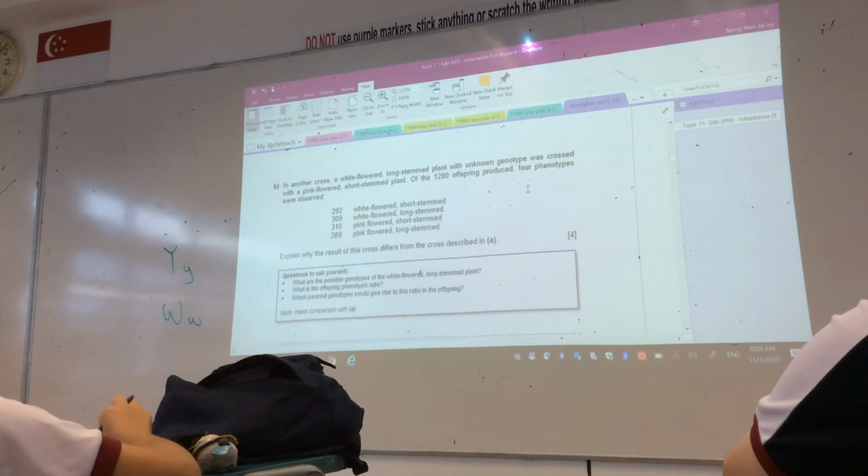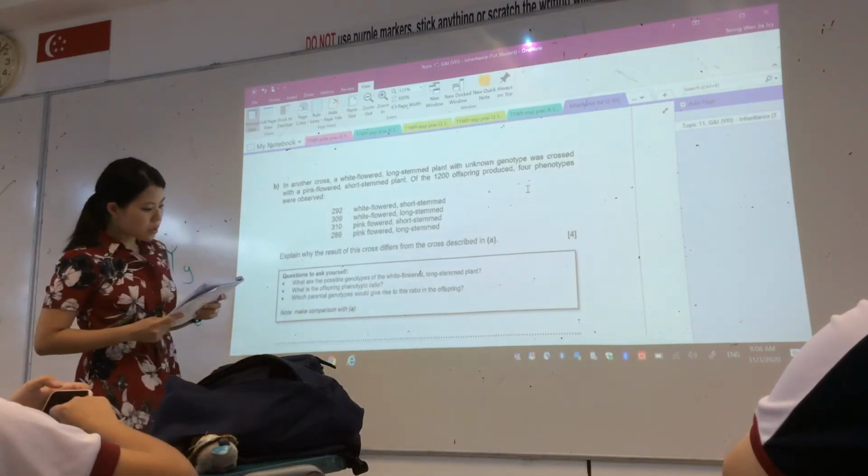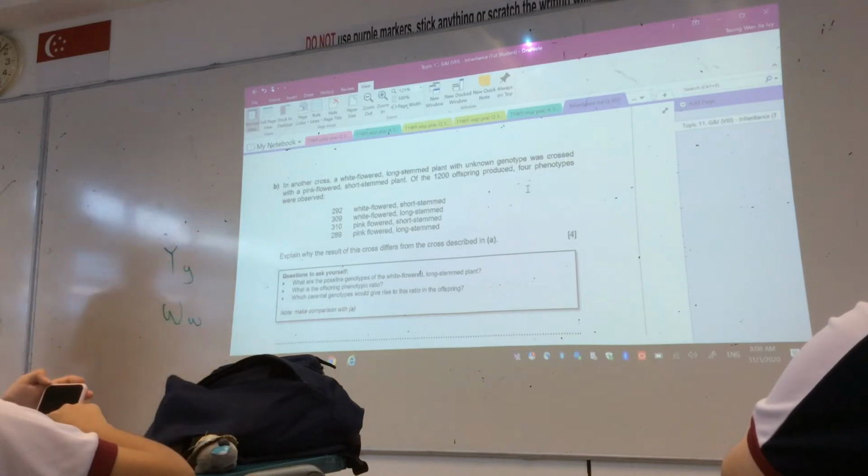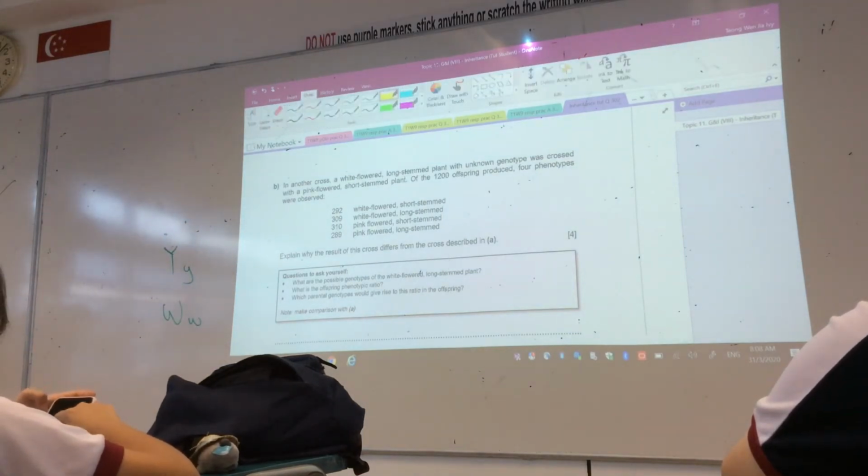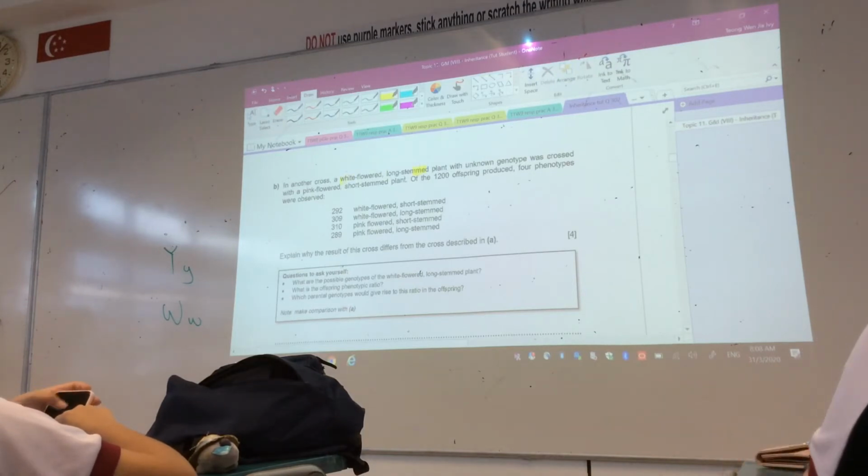Okay, now this part here is showing you another cross. So you have another cross which is white flower long stem with unknown genotype crossed with pink flower short stem plant. Now can you figure out the parents?